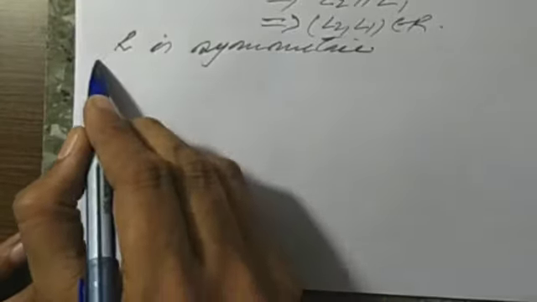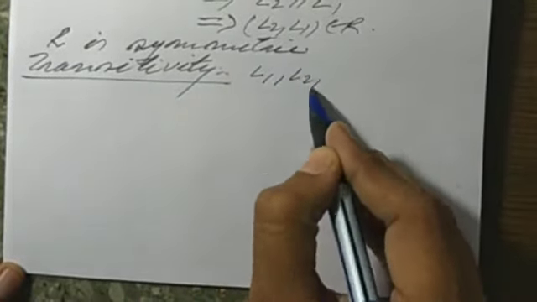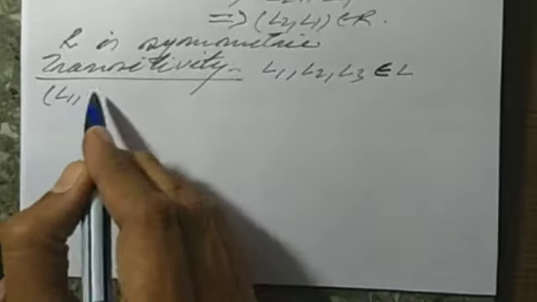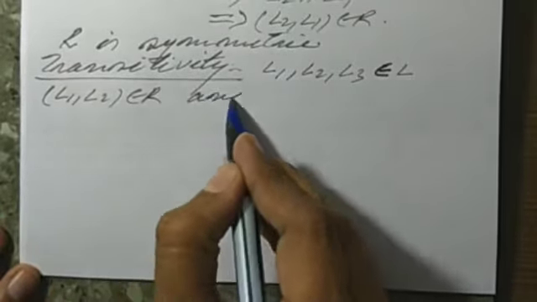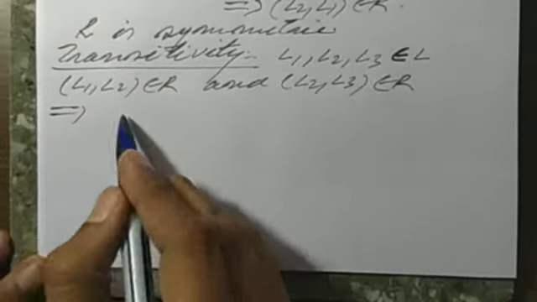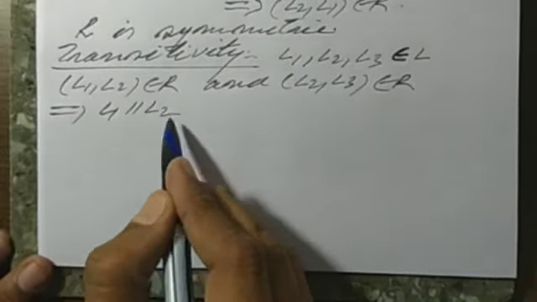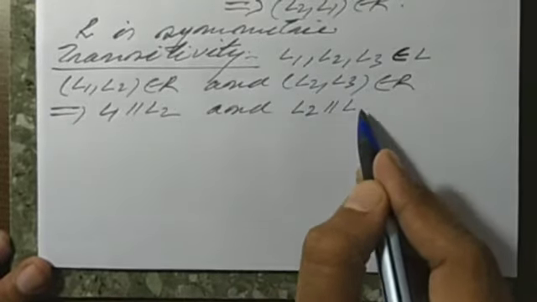Now let us talk about transitivity. Let us take three arbitrary straight lines L1, L2, L3 out of all the straight lines in the set L such that (L1, L2) belongs to R and (L2, L3) belongs to R. It implies that L1 is parallel to L2 and L2 is parallel to L3.